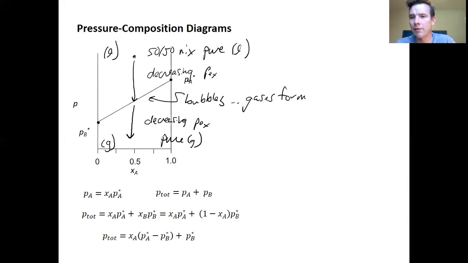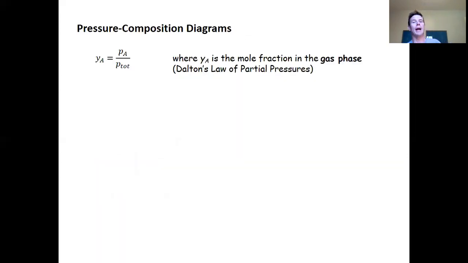Still a 50-50 mixture, but it's all gas. The point I want to make to you is that beyond this line, I can't have any liquids present.